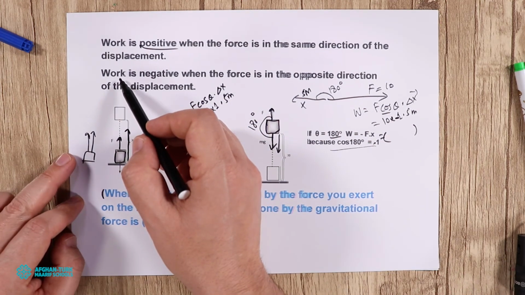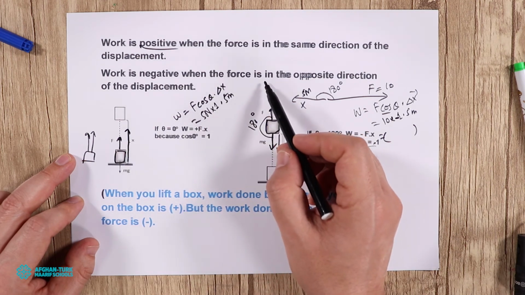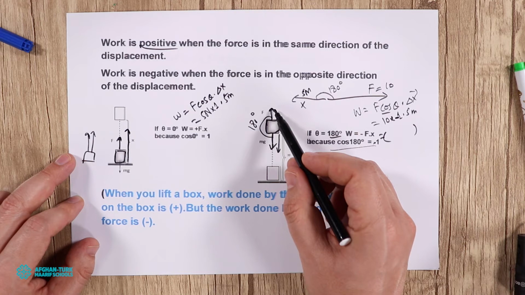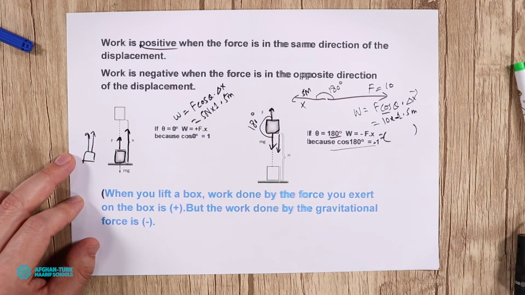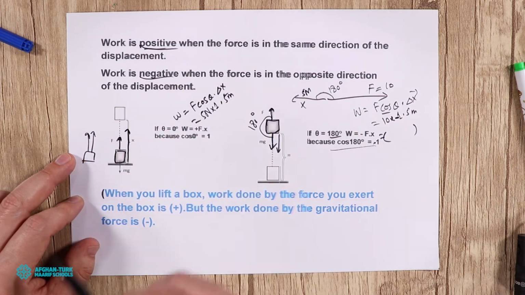Look at the next sentence: work is negative when the force is in the opposite direction of the displacement. That's why the work done is negative here and positive in the other case.